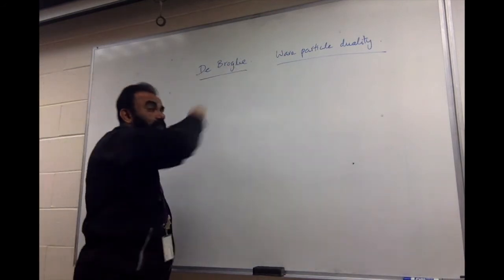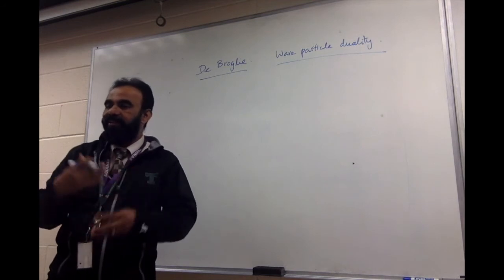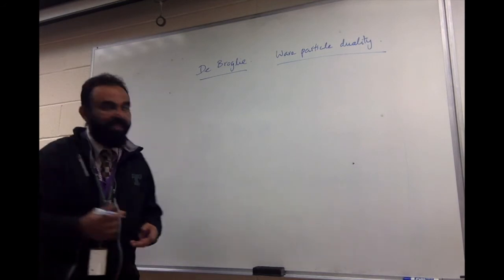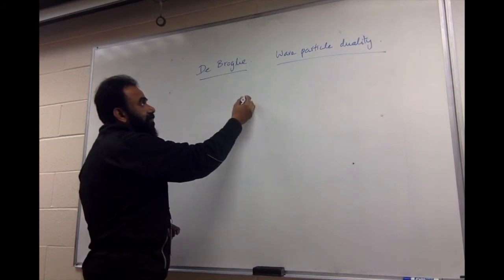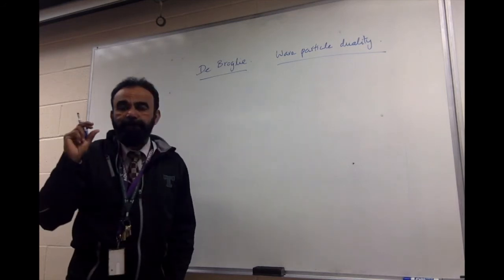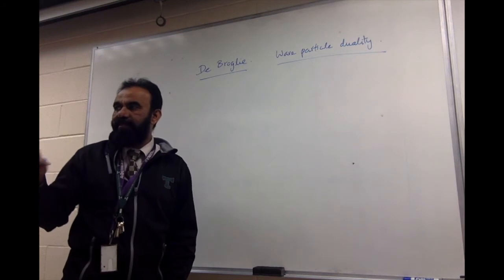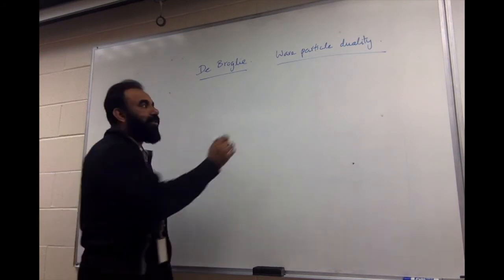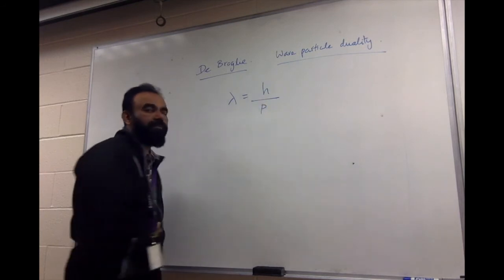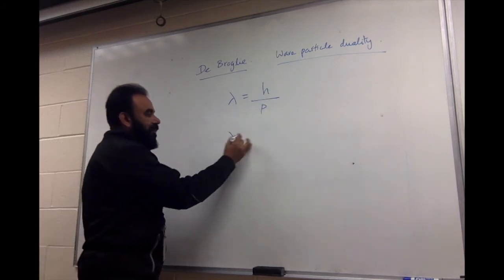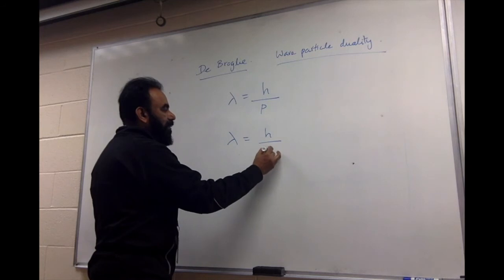Now, the equation that he came up with is in connection with the relativistic equations and all that, so I'm just stating the equation. He said that any particle or any matter that has a momentum has a corresponding wavelength. So he came up with this equation, which means lambda is equal to h over momentum.